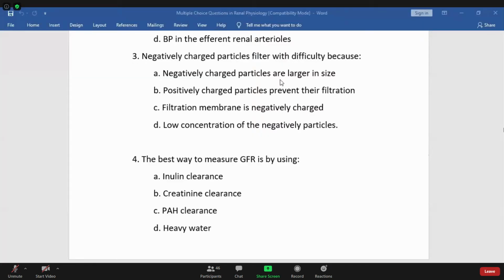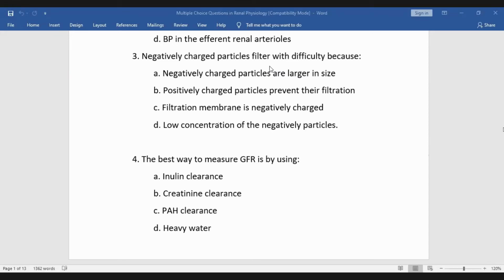Why not creatinine clearance? Creatinine clearance can be used, but it is not an accurate one. The best way is inulin clearance, although it is very difficult to carry out in the hospital or laboratory. Therefore, clinically we usually use creatinine clearance, which may be a little up and down on either side.